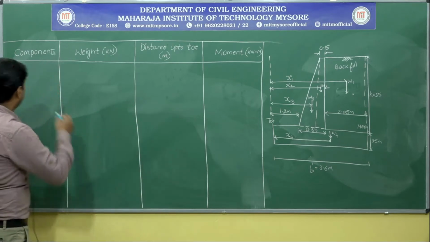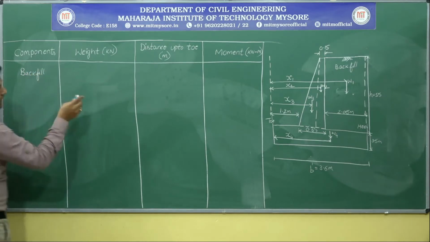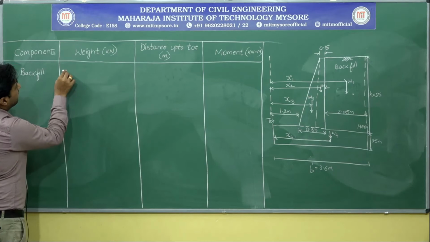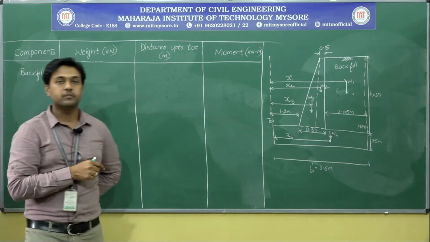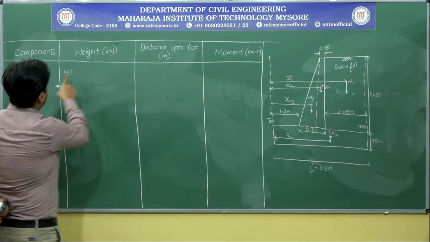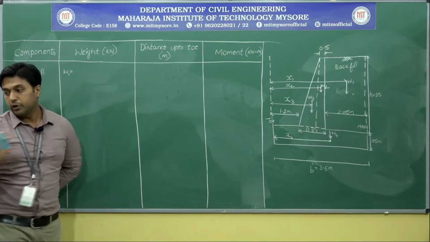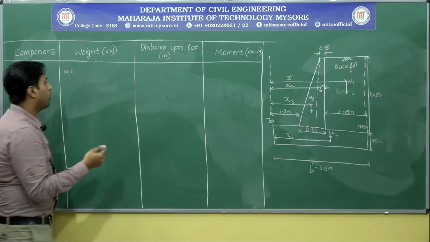Okay, the first one is the backfill. So I need to calculate W1. How to calculate the weight? Weight is nothing but density of soil into volume.